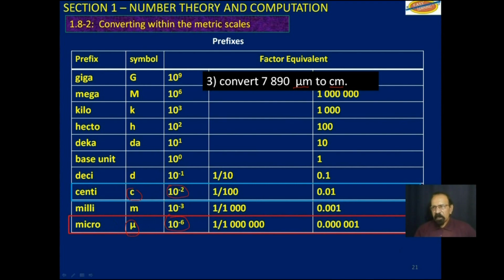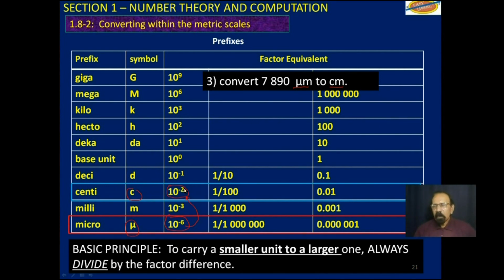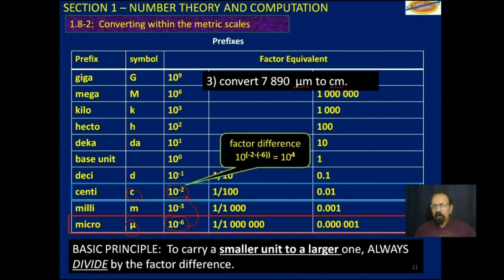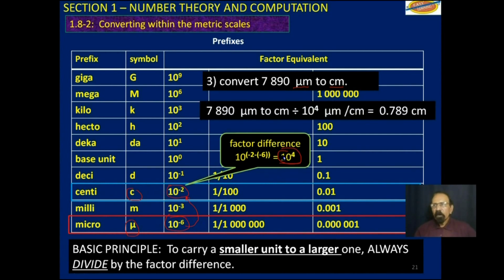We are going to subtract this negative 6 from that negative 2, and we get 10 to the 4th power. In other words, it takes that amount of micrometer to make 1 centimeter. So our factor difference is 10 to the 4th power. We are going to divide by 10 to the 4th power.